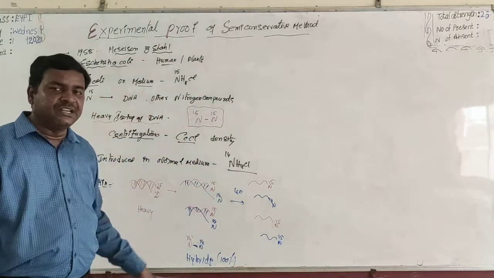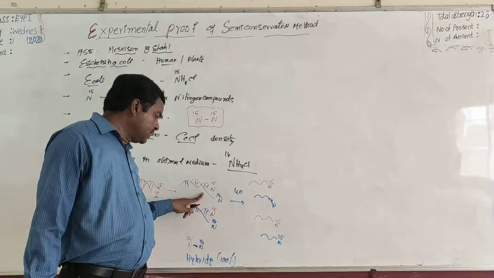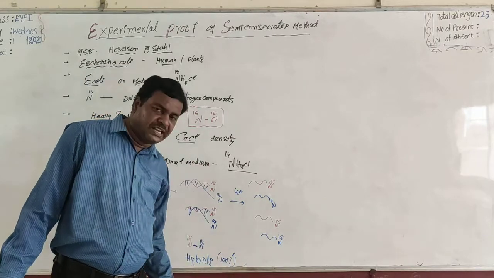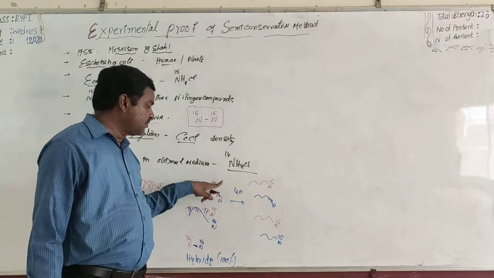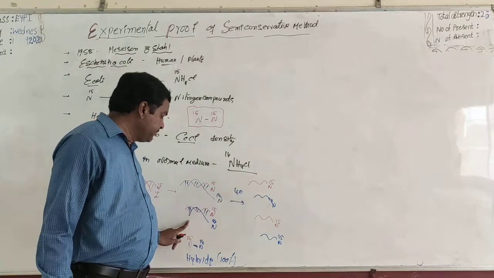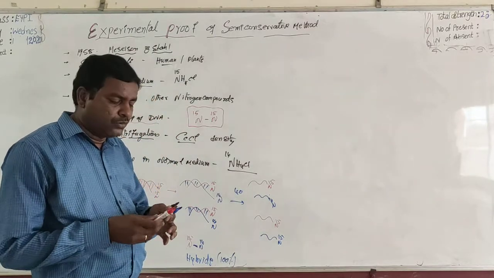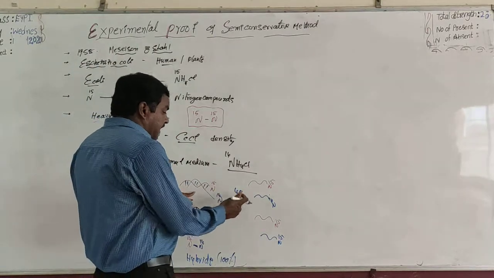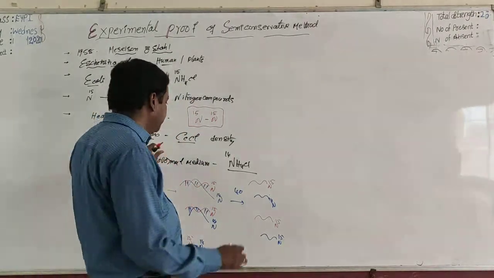In another 20 minutes, that is after 40 minutes, these two DNA molecules are multiplied into four DNA molecules. First, these two strands are separated from each other. These two strands are separated from each other. Now, these strands produce opposite new strands.